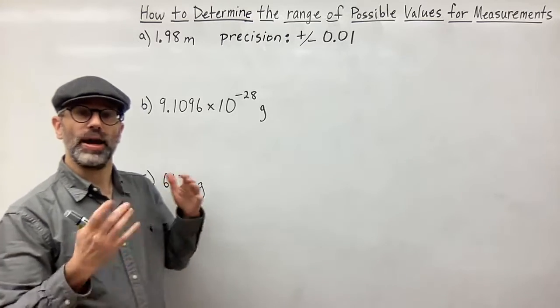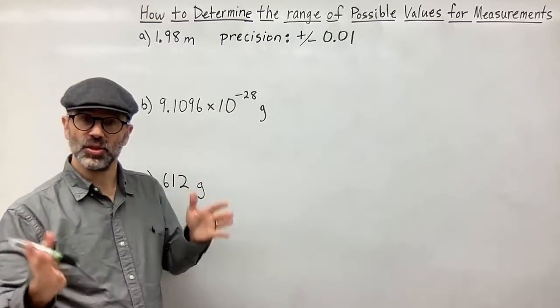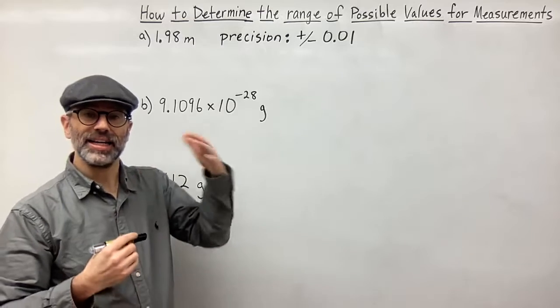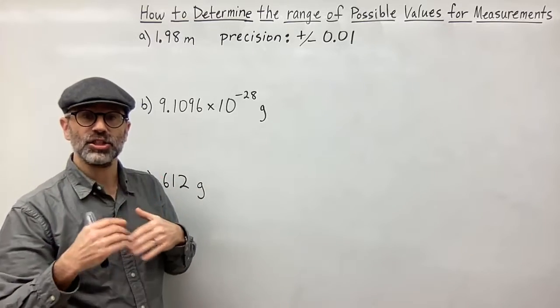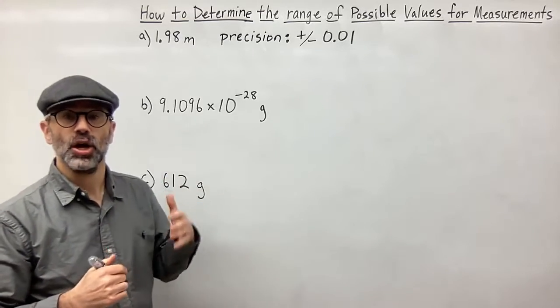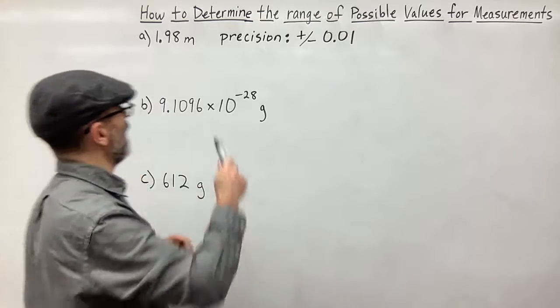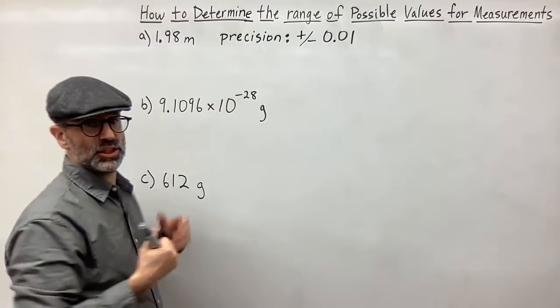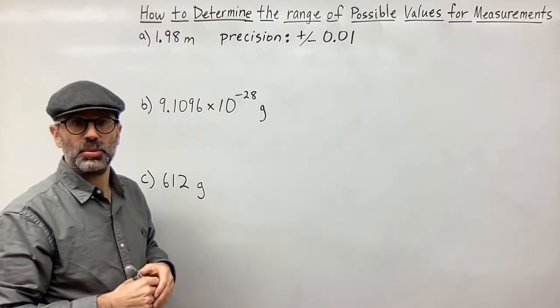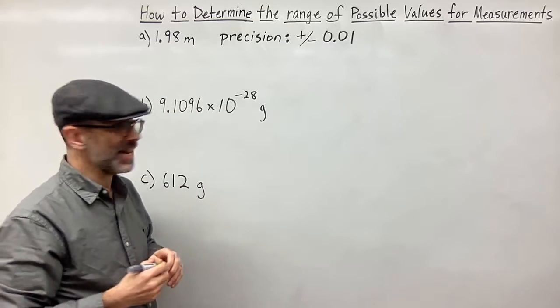And so what happens there is that gives us a range. The highest value within that range is going to be when we add plus 0.01. So if I add 1 to the last digit, what does that become? It becomes 1.99 meters.